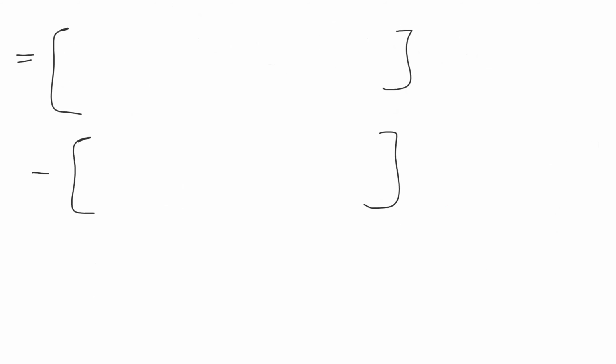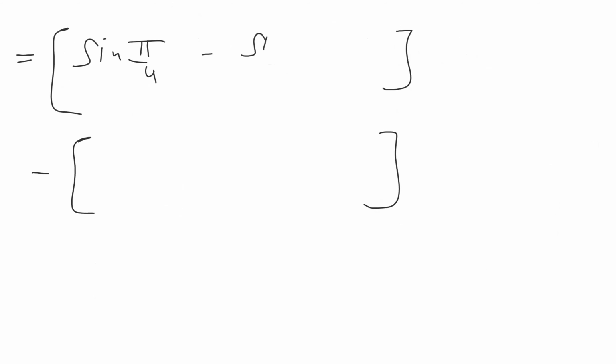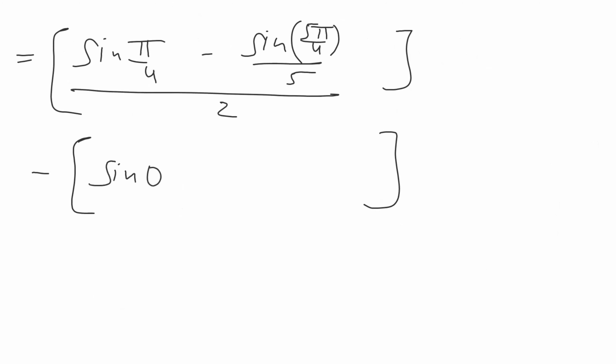So sin pi by 4 minus sin 5 pi by 4 by 5, upon 2. In the second box, sin 0 minus sin 5 into 0 upon 5, by 2.